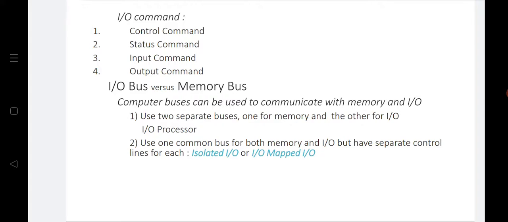Whatever bus is there in the processor, the same bus will be used for memory and IO devices to transfer the data to and fro. But we will be using separate control lines for each. That type of bus architecture is known as isolated IO or IO mapped IO.